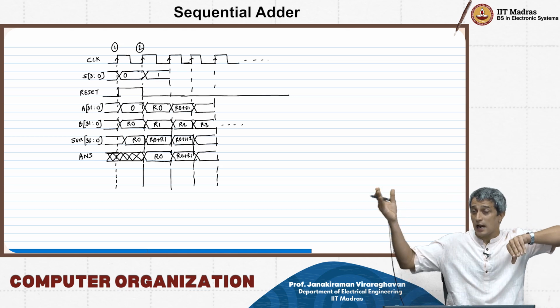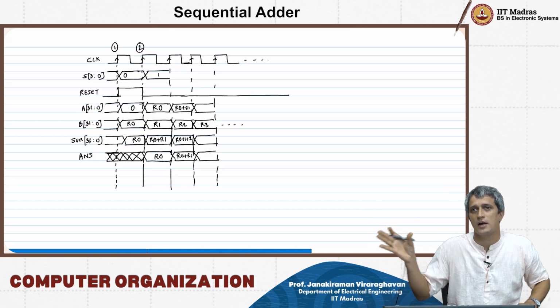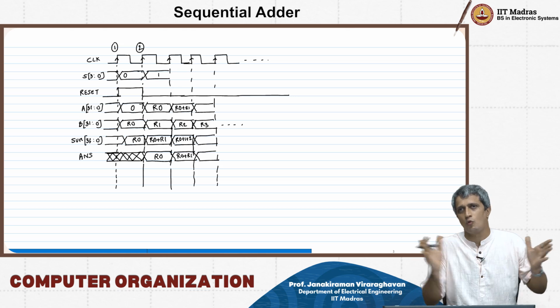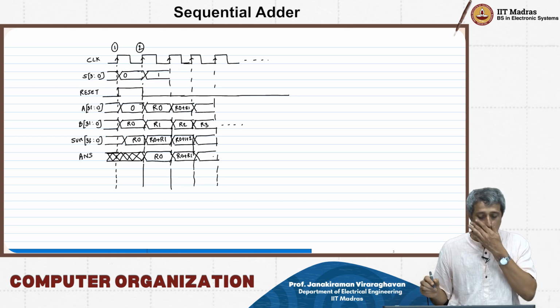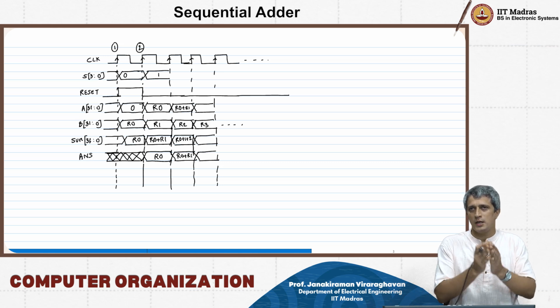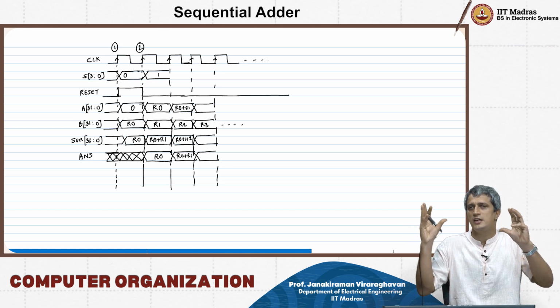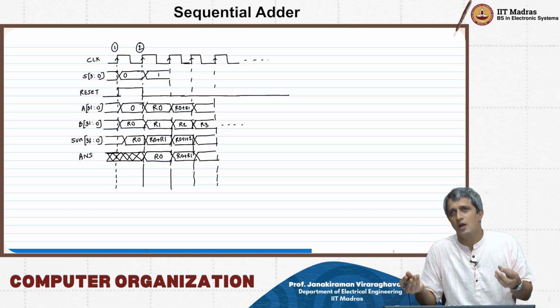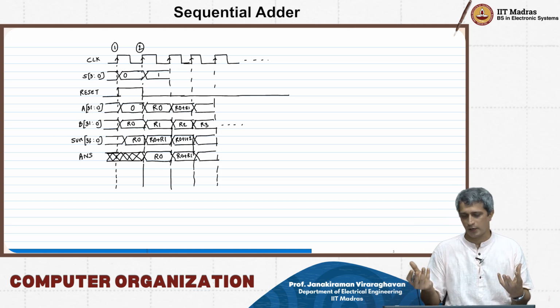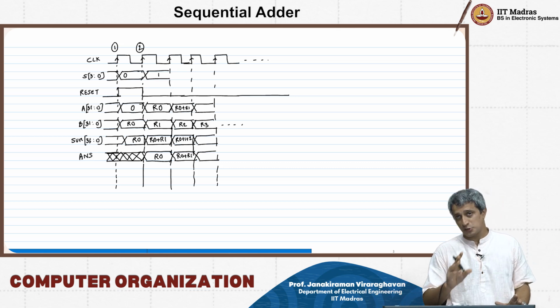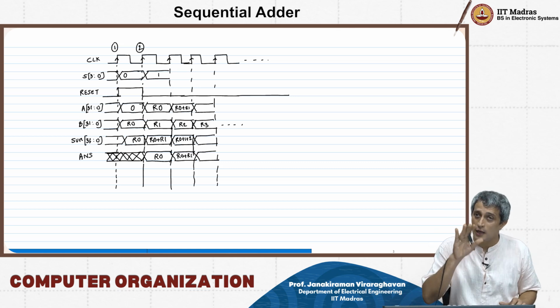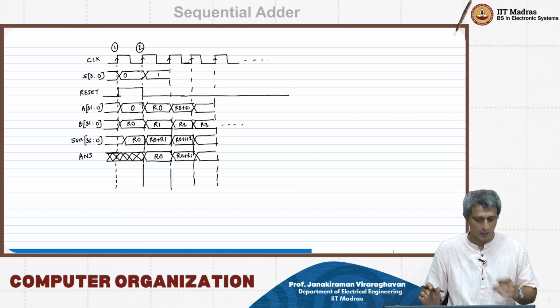But the answer at that point will still hold the sum of the previous round of addition. So this way, we have taken a very hardware-inefficient implementation from an area and resource perspective and made it a very efficient implementation, but at the expense of a larger computational time, right?